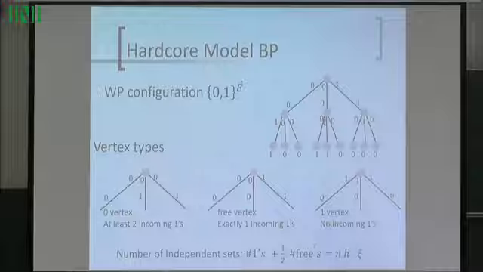Essentially, at least in the regime we'll be looking at, these free variables will be rare, and they essentially form very subcritical trees. So you will be able to set exactly half of the variables to be free and still have an independent set of this size.